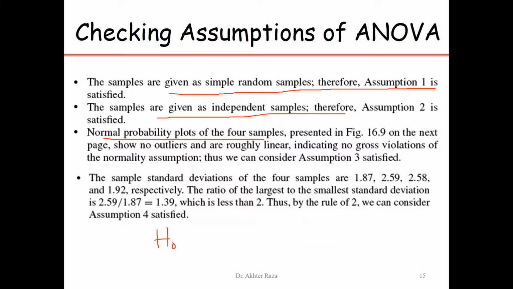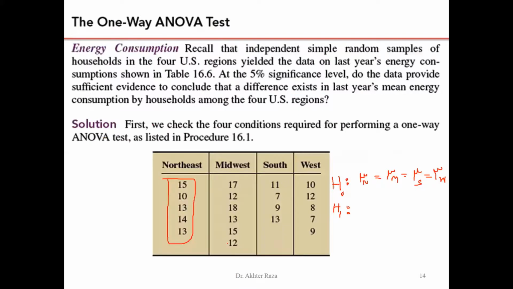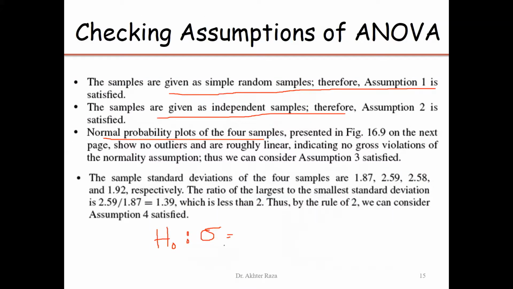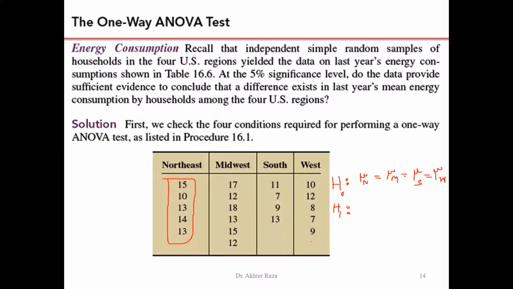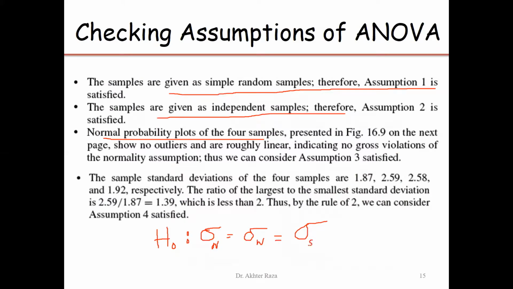So H naught: the standard deviation of consumption in region 1 is the same as the standard deviation of the next regions, south and west. These standard deviations must be the same.